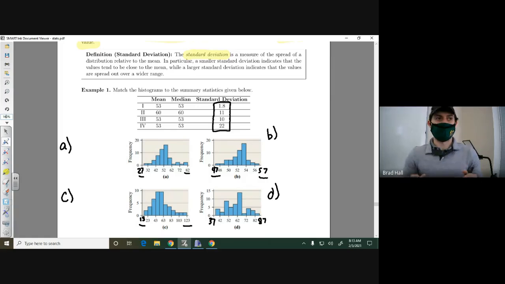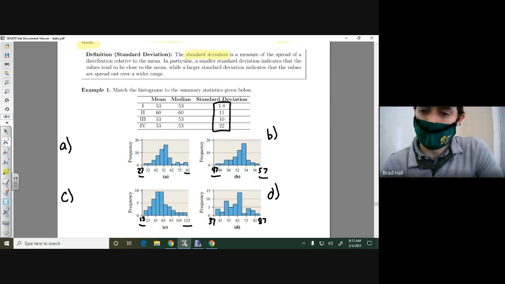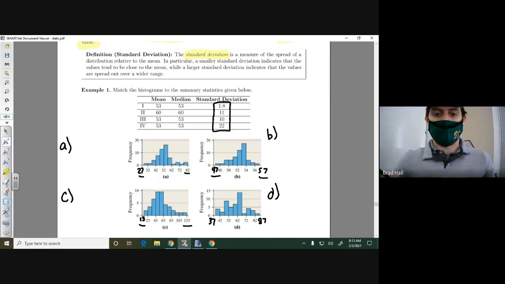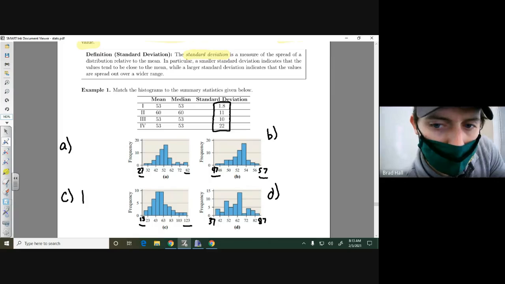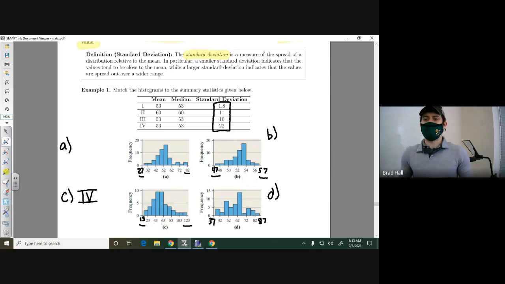Likewise, the one with the smallest range should have the smallest standard deviation because it has the least amount of ground to cover. Since C seems to have the largest spread of data, I would say C corresponds to the summary statistics in row 4, just because row 4 has the largest standard deviation. There are a lot of data values that the standard deviation has to cover.